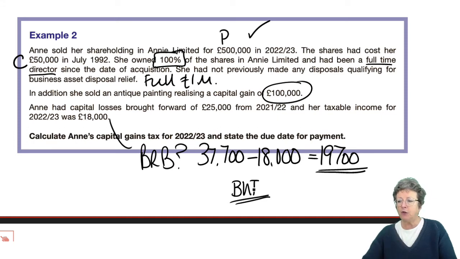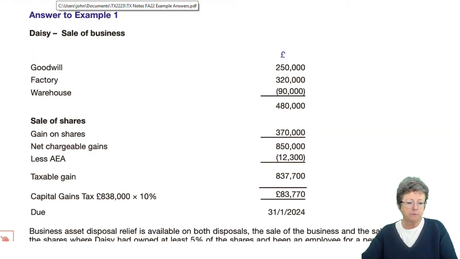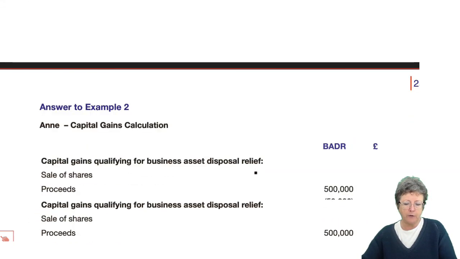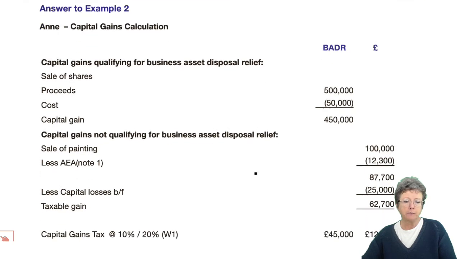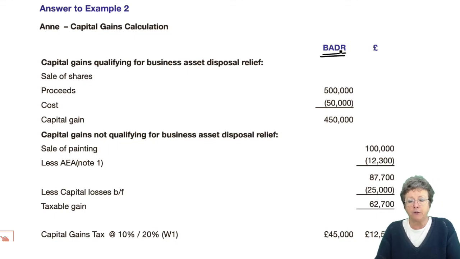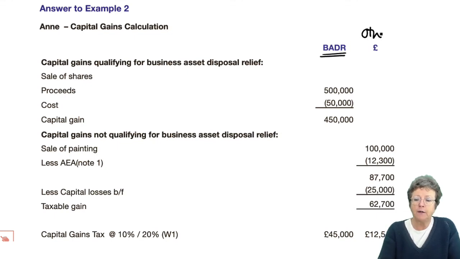So let's have a look at how that will look in our answer. 2 columns. You go down to the right place. There you go. 2 columns. One for those assets that qualify for the relief, and these are our other gains.